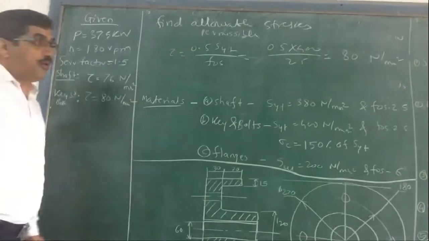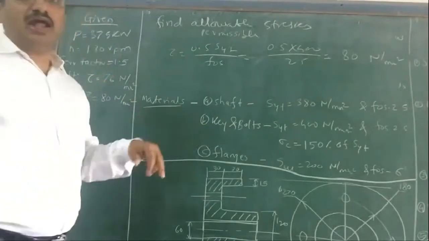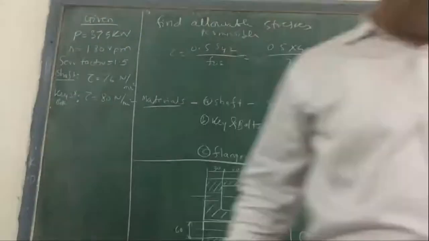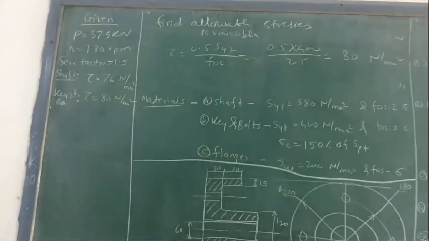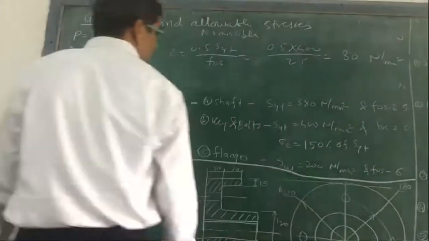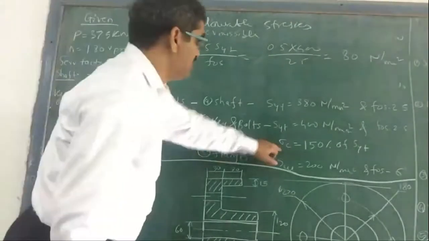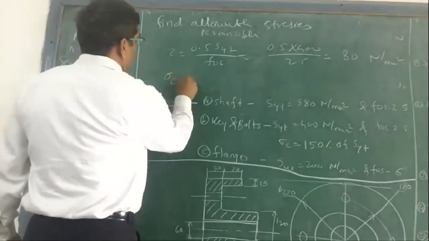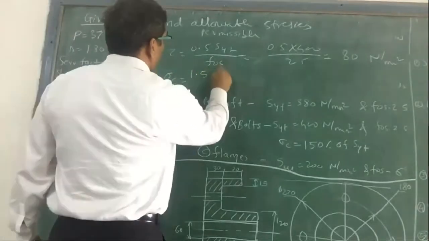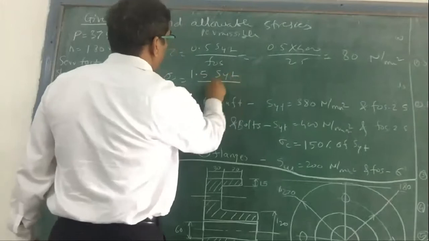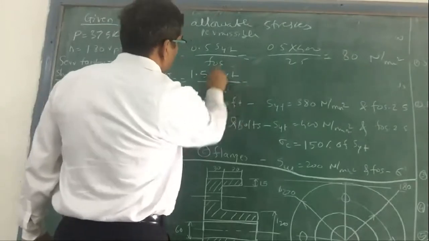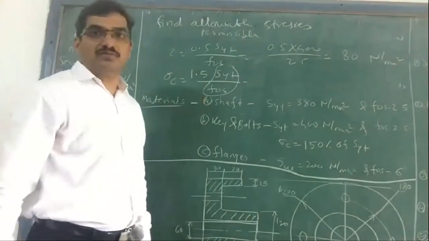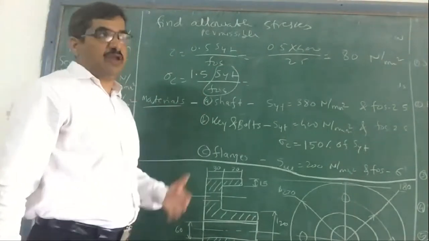Okay. Now these keys and bolts will also undergo compressive or crushing failure, right? It was given that sigma c is 1.5 times SYT. So we take sigma c equal to 1.5 SYT upon factor of safety. Whatever SYT upon factor of safety is, that is the normal sigma T we generally calculate.